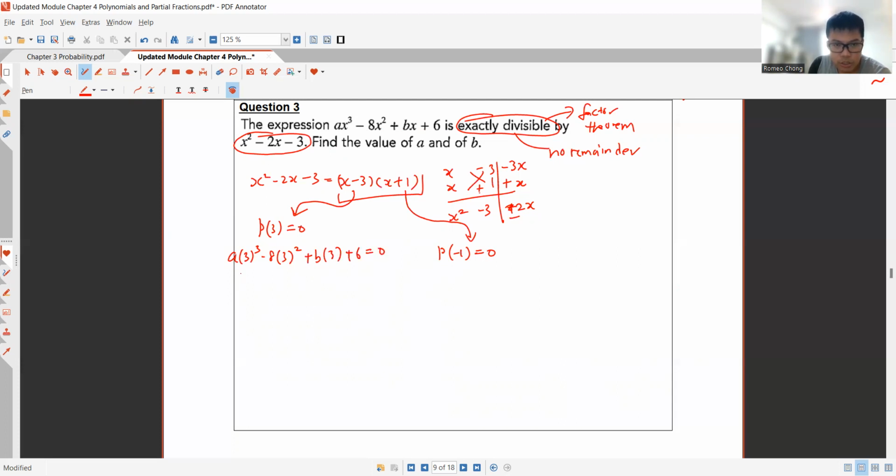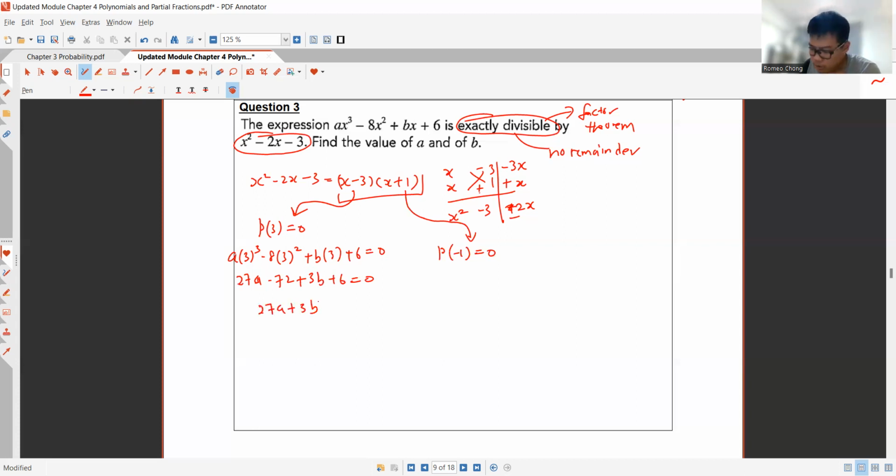3 cubed is 27a. The second one, 3 squared is 9, and 9 times 8 is 72. Then plus 3b plus 6 equal to 0. So 27a plus 3b.